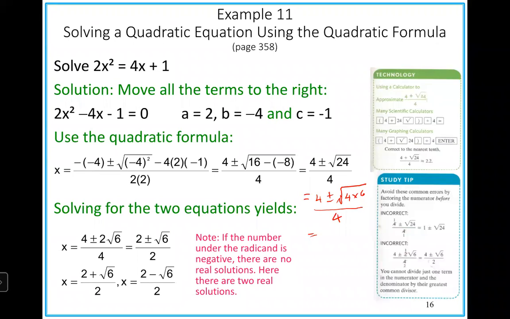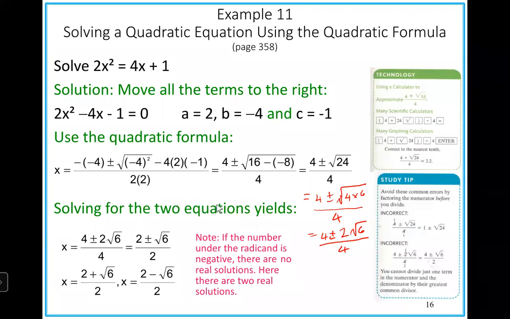So that's equal to 4 plus or minus, the square root of 4 is 2. But we can't find the square root of 6, so we leave it as square root 6. I mean, we could find it, but we'd have to estimate it, over 4. So that's how they got this to be 2 square root 6 here. So they simplified it as 4 plus or minus 2 square root 6 over 4.